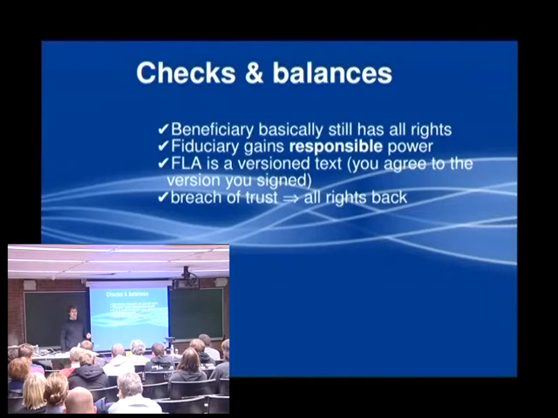It means that if the trust by the beneficiaries that they invest into the fiduciary is broken, the FLA terminates automatically, and all the rights flow back to the fiduciaries, so to the developers. And from the fiduciary, which means that the entity now has no copyright in the thing.